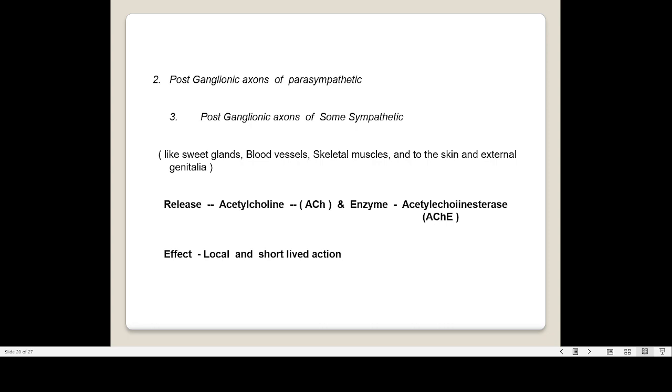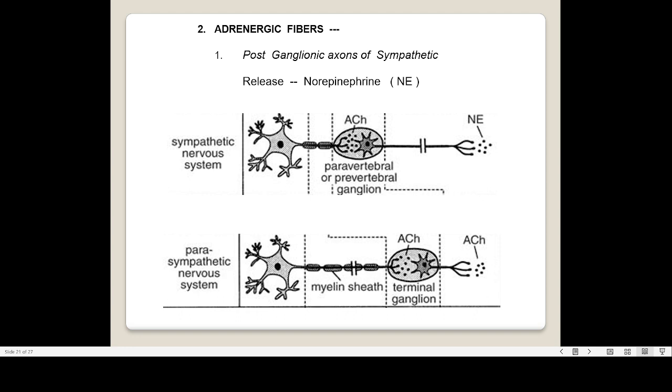Then the postganglionic axons of the parasympathetic, and the postganglionic axons of some sympathetic, like those to sweat glands, blood vessels, skeletal muscles, skin and external genitalia, release acetylcholine, along with the enzyme acetylcholinesterase. So the effect is local and short-lived. Remember these neurotransmitters.